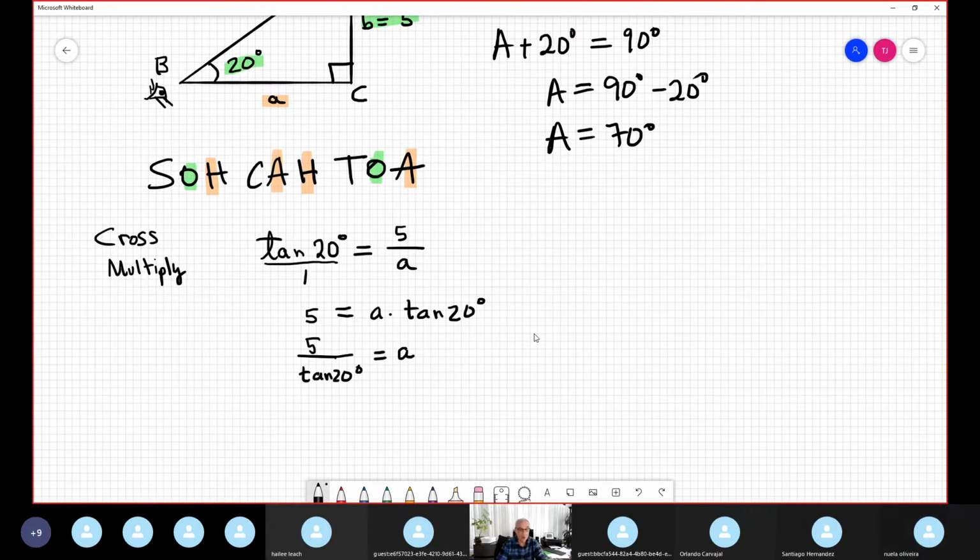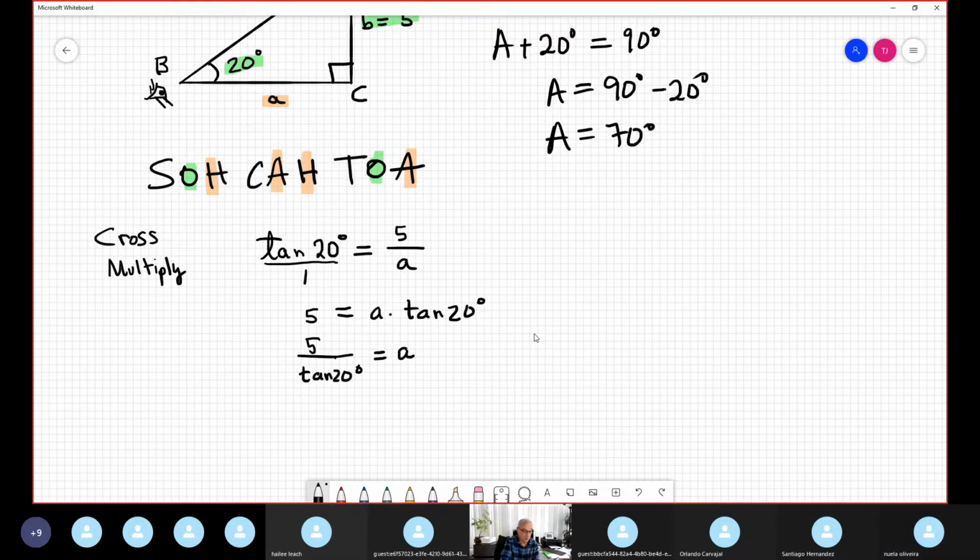Okay, now calculator. I need your help. I suppose everyone in trigonometry has a calculator, scientific calculator, or a smartphone calculator. You put 5, division, tangent, 20 degrees. Be careful, check that the setting of the calculator is in degrees. It's the most popular mistake in this chapter.